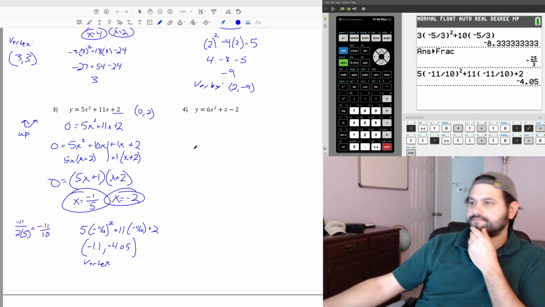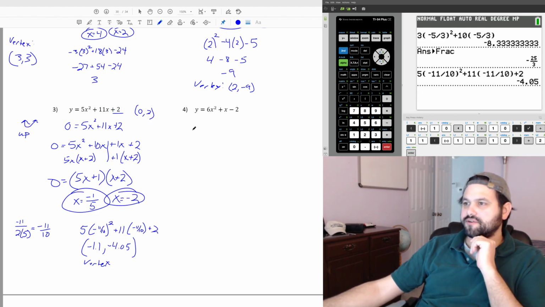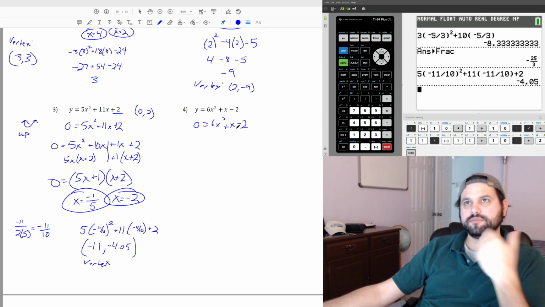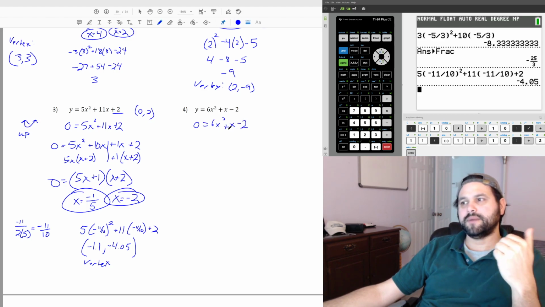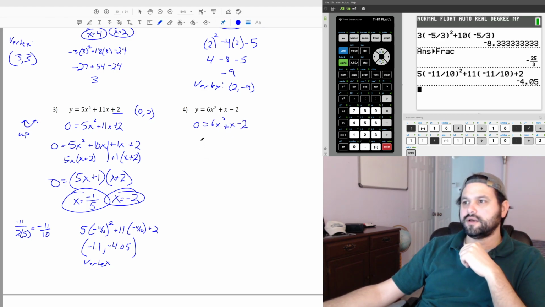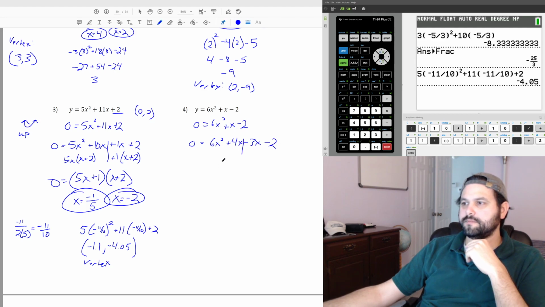Number 4. Another factor by grouping, I believe. 6x squared plus x minus 2. So that's going to be negative 12 when I multiply them. So I'm looking for numbers that multiply to negative 12 and add to make a positive 1. So that would be 4 and negative 3. So 6x squared plus 4x minus 3x minus 2. I'm going to split that down the middle.